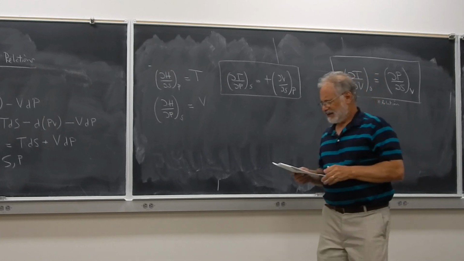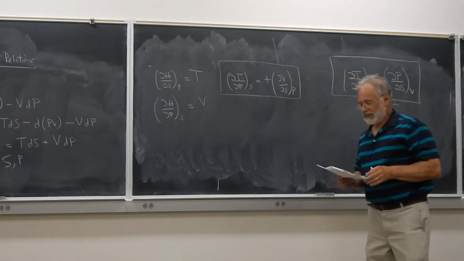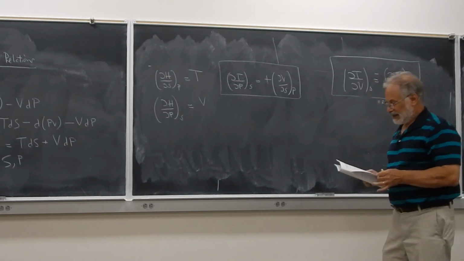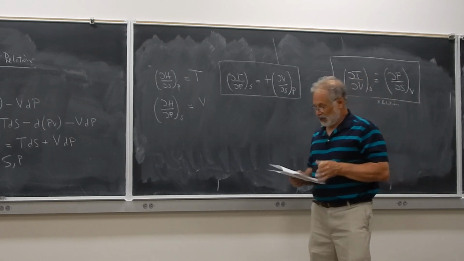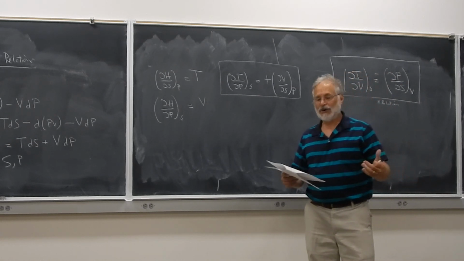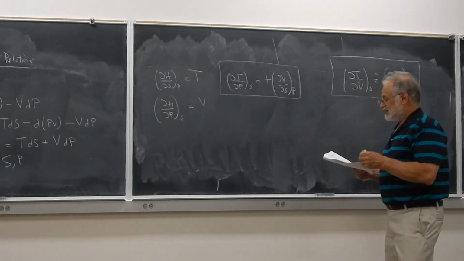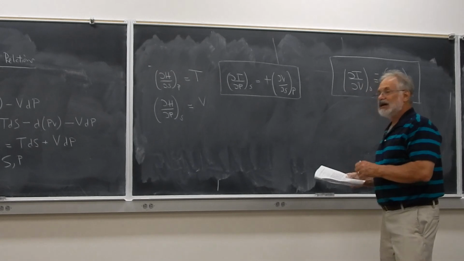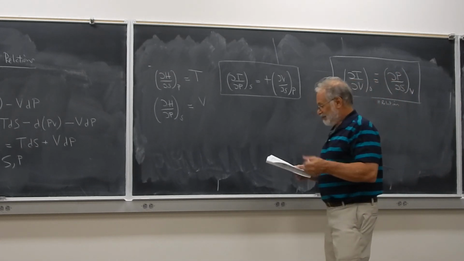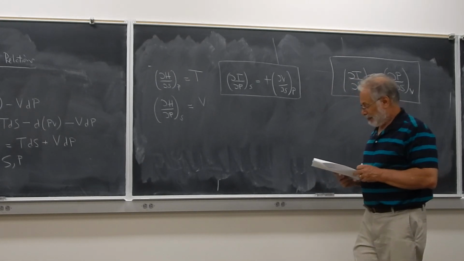What does this mean? The physical meaning of enthalpy is that it is the sum of the internal energy plus a PV term that's often associated with the work required to make space in an environment to actually house the system of interest. So this is essentially the work that has to be done to push the atmosphere out of the way, according to Schroeder, and to make room for the system that we want to operate on.